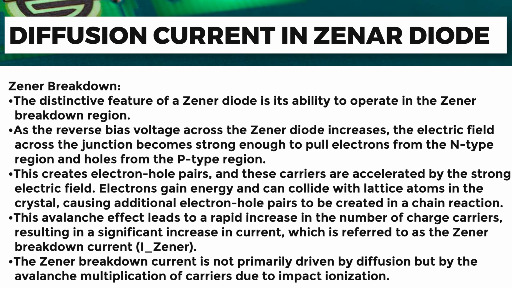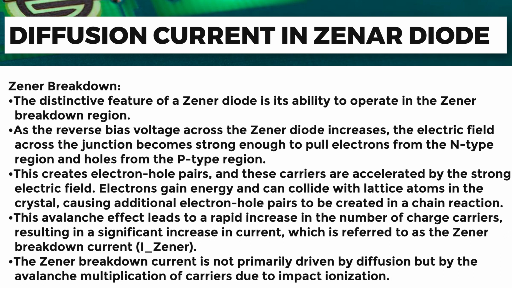As the reverse bias voltage across the Zener diode increases, the electric field across the junction becomes strong enough to pull electrons from the n-type region and holes from the p-type region. This creates electron-hole pairs, and these carriers are accelerated by the strong electric field.